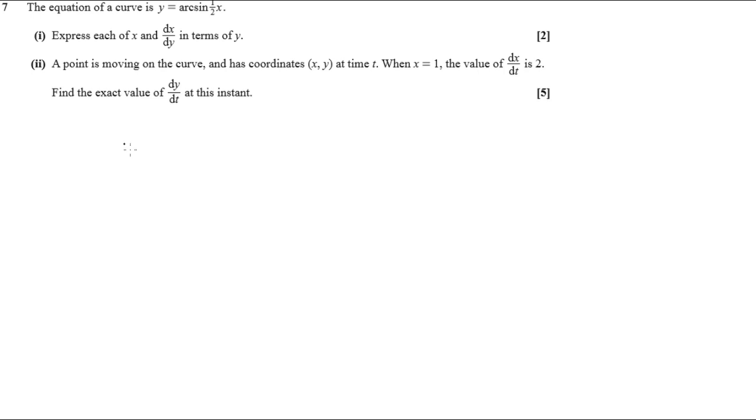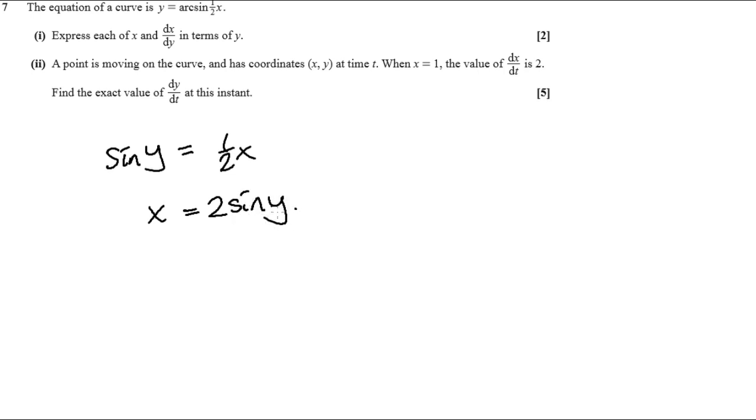So first of all, let's rearrange for x. Let's take the inverse of the inverse sine, which gives you just the sine. So sine both sides. Get sine y equals half of x. And so x is just 2 sine y.